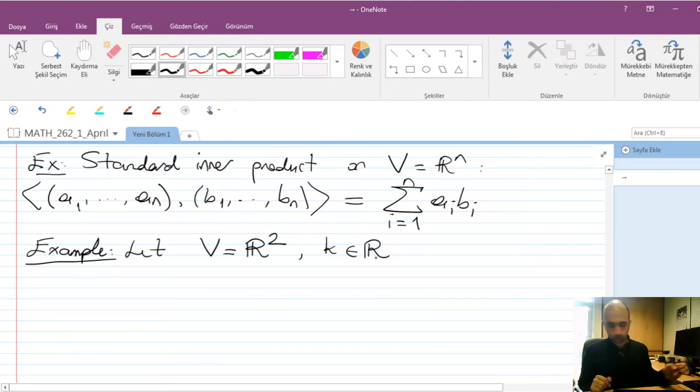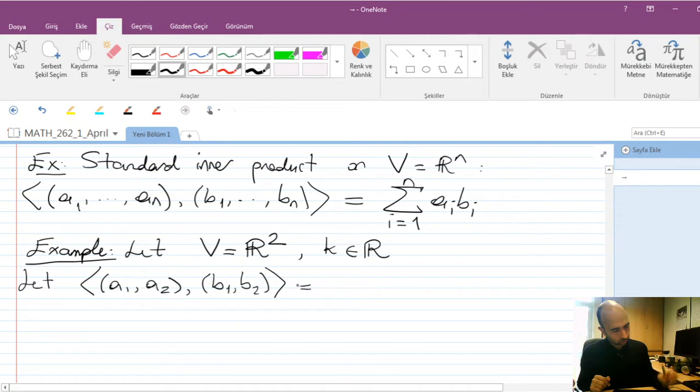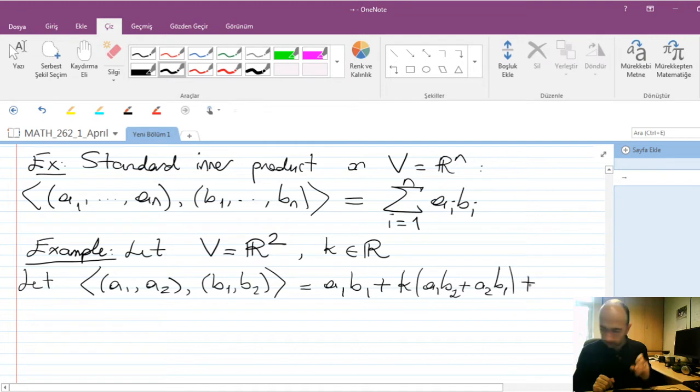Okay, so here's the question. Let (a1, a2) inner product (b1, b2) equal a1 times b1 plus k times (a1 b2 plus a2 b1) plus 3 times a2 b2.